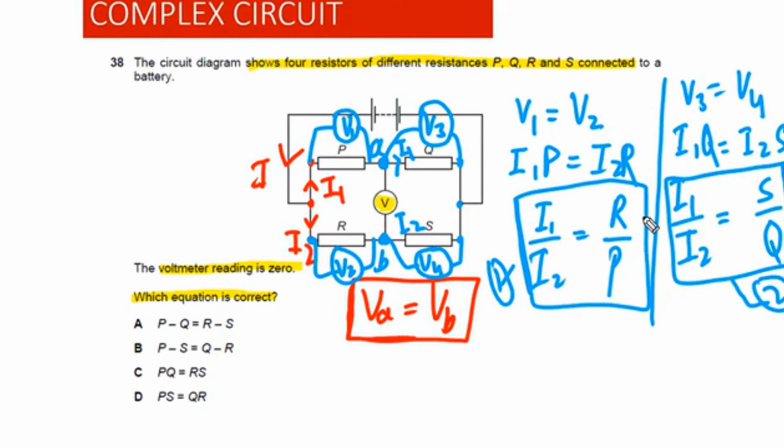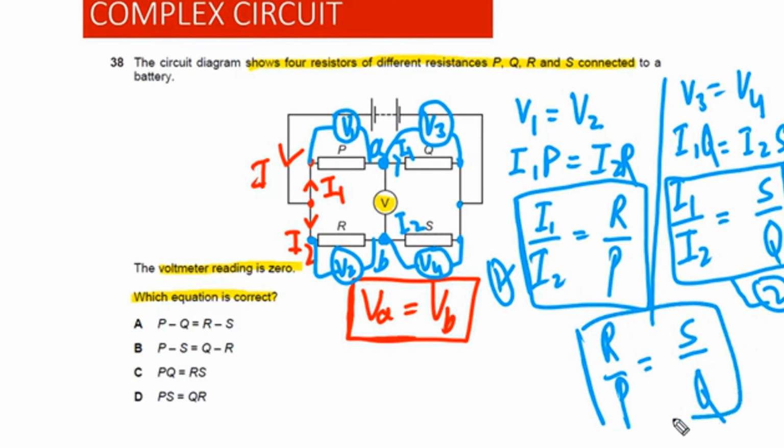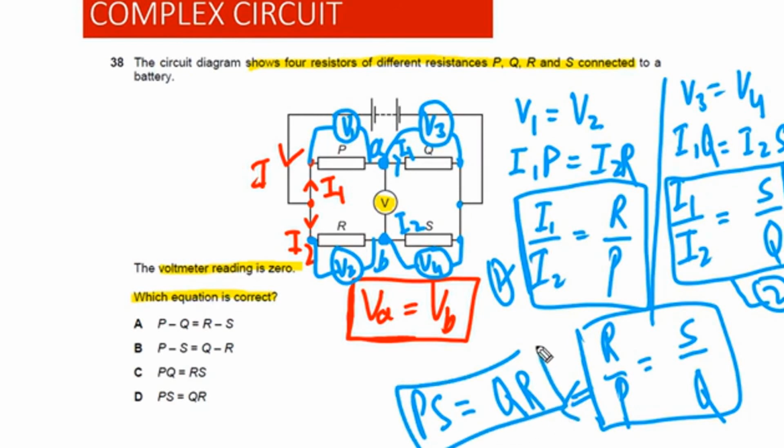As I1 over I2 is equal to R over P and I1 over I2 is equal to S over Q, we can say that R over P is equal to S over Q. Now if we simplify this, we get PS will be equal to Q times R. So this is our final answer. This is what the question was asking us. So our answer for this question is D.